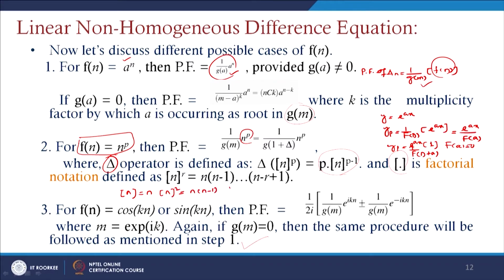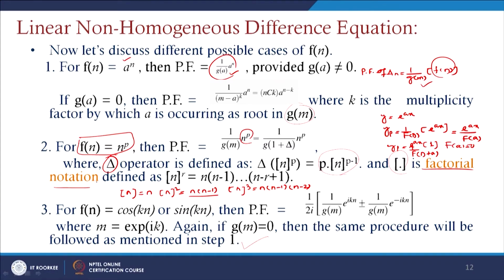The bracketed function of n cube can be written as n into n minus 1 into n minus 2. Especially in this bracketed function, whatever the power or order is, it takes that number of terms, and they are taken as a product. That is why it is represented as a factorial notation.